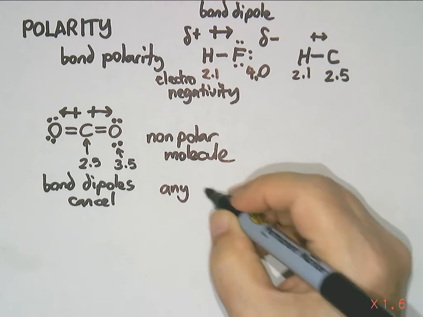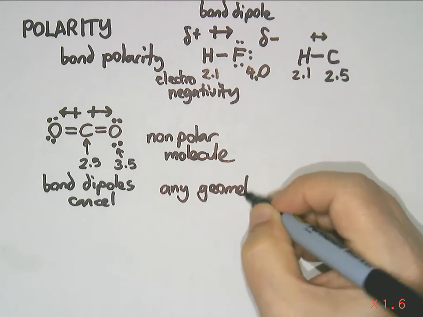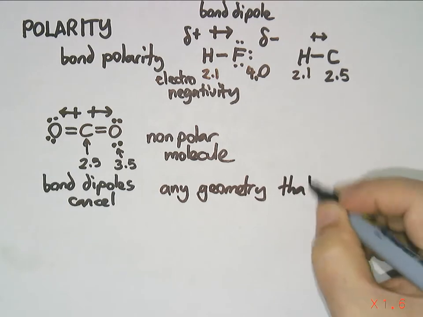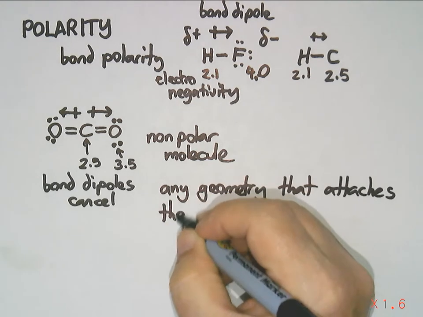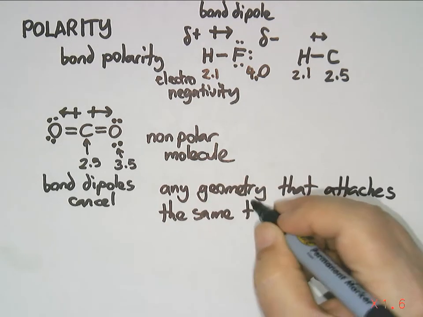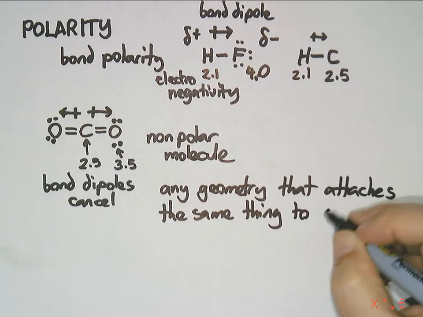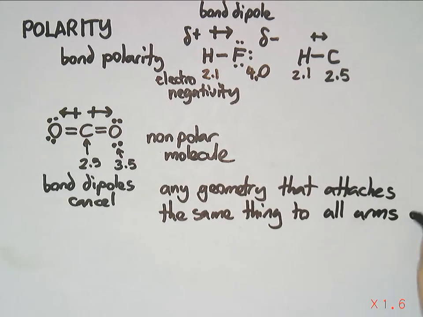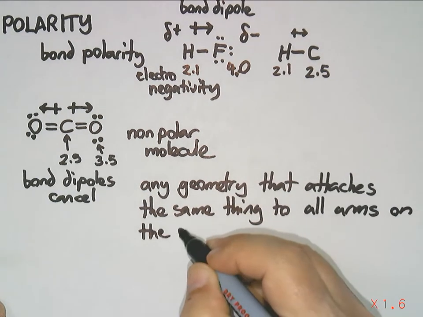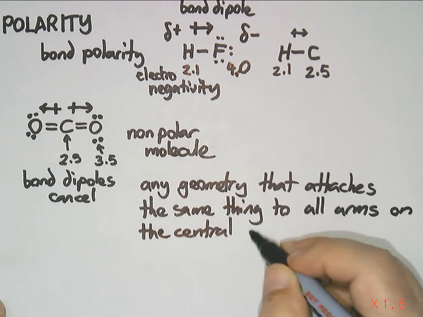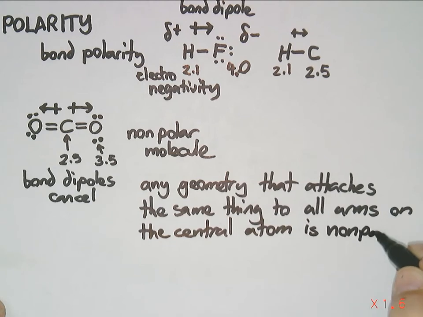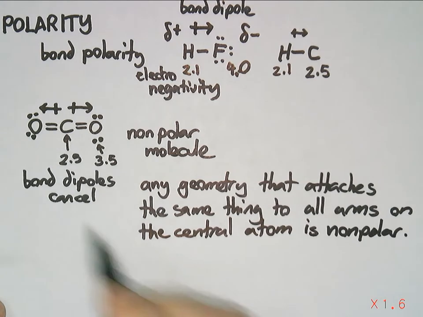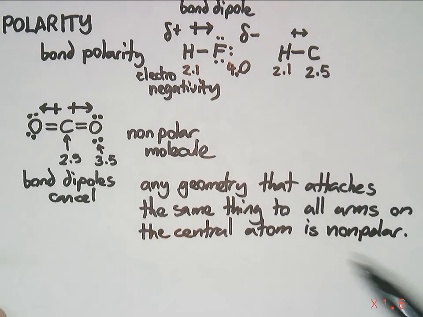Any geometry that attaches the same thing to all arms on the central atom is nonpolar, because of this effect that we were talking about here. All of the bond dipoles will cancel in this situation.